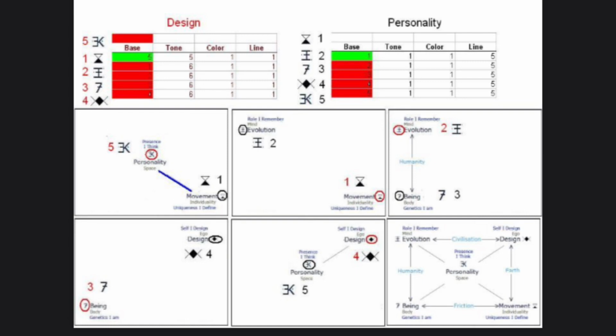Yeah, I don't know. For me, what the nodes represent is a specific environment, and if you're seeing correctly and operating correctly, then the forces you're going to meet in that environment are the forces that are correct for you.